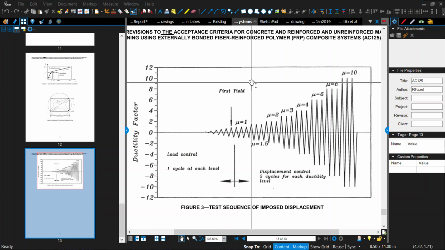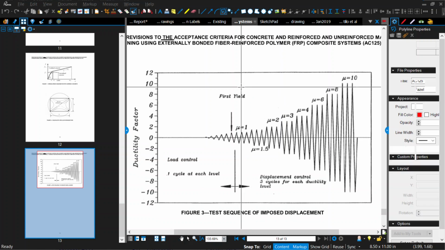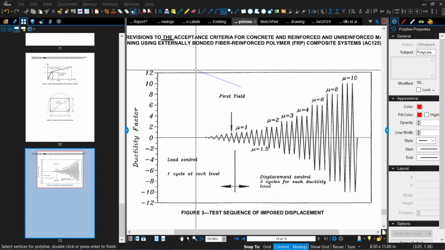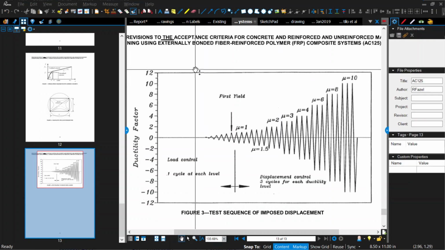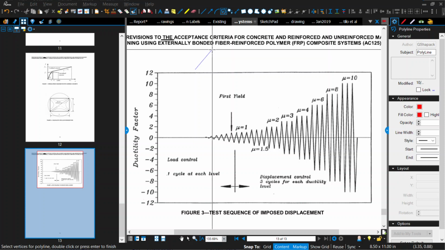As you're testing a reinforced concrete member, it'll increase in load in a linear way, a straight line.